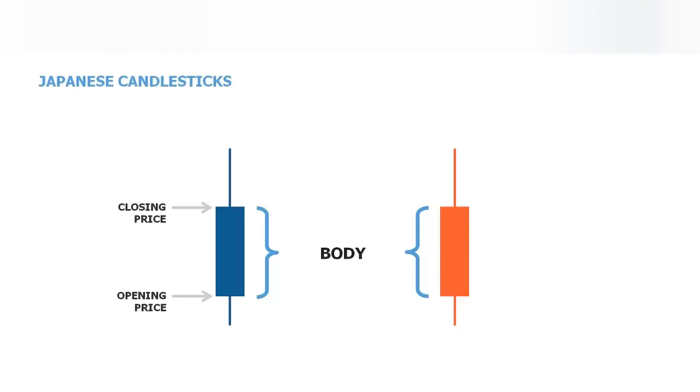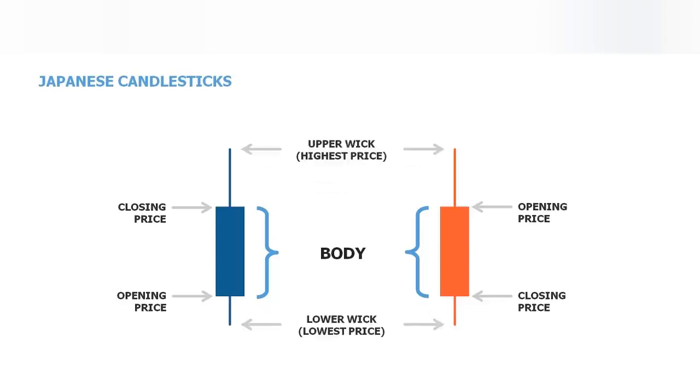If the candle is orange, the price moved down during the period. You will find the opening price at the top and closing price at the bottom. The thin parts are called wicks, and they show you the maximum and minimum price during the period. The candle will remain blue if the price closed above the opening price, and it will remain orange if the price closed below the opening price.